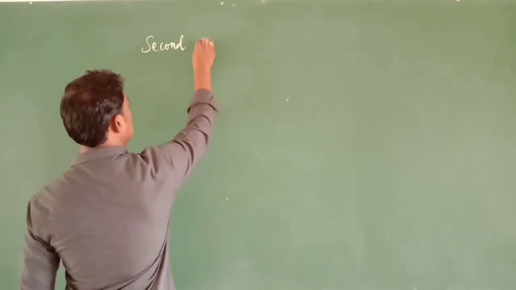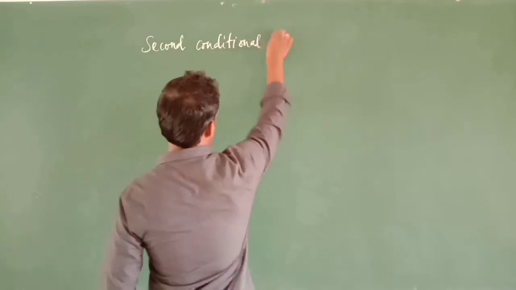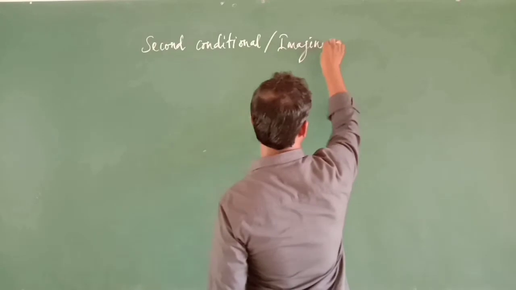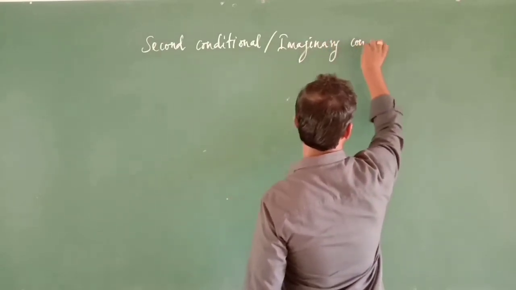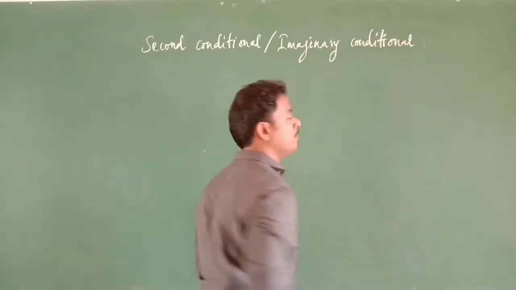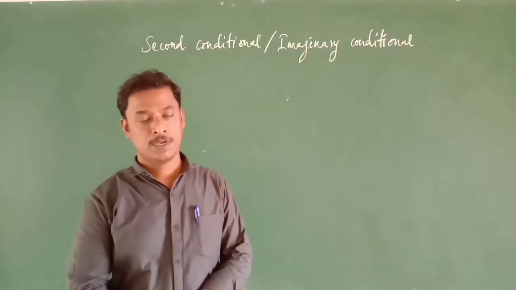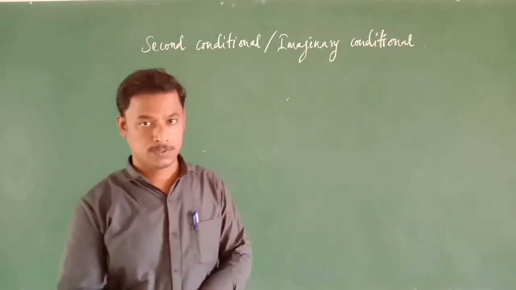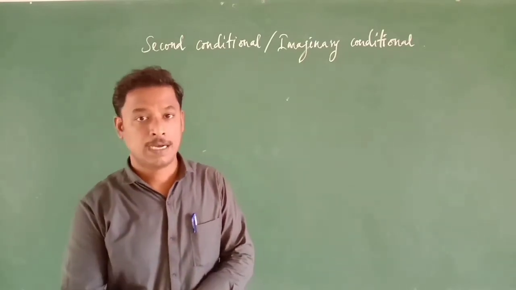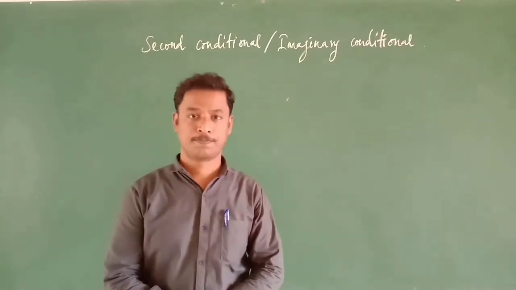Second conditional, it is otherwise called imaginary conditional. What type of ideas and what type of rules or necessary situations come under the category of second conditional or imaginary conditional?